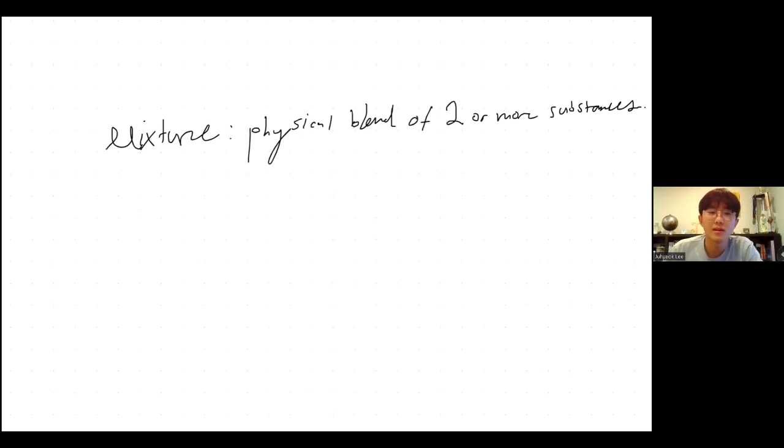Okay, welcome back. So last time we left off with mixtures, a physical blend of two or more substances. And let me quickly finish off what mixtures are. A mixture can be split into two different types. A homogeneous, homogeneous, and the other one is heterogeneous.